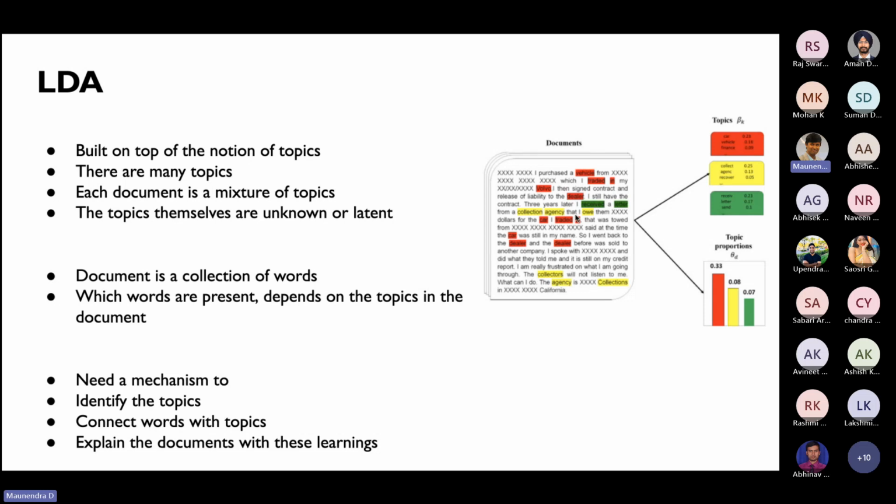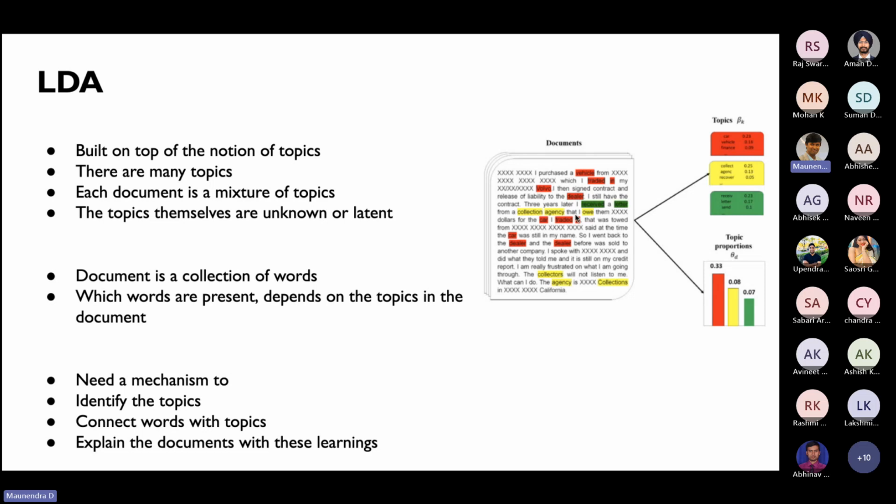So if I am trying to create a document which is on science, there will be some words which are more probable in that document. On the other hand, some words might not be there in this document. So what topics are there in the document, they influence the presence of the words which are there in the document. Now if you just reverse this, okay, what words are present in the document, from that we can infer the topics.